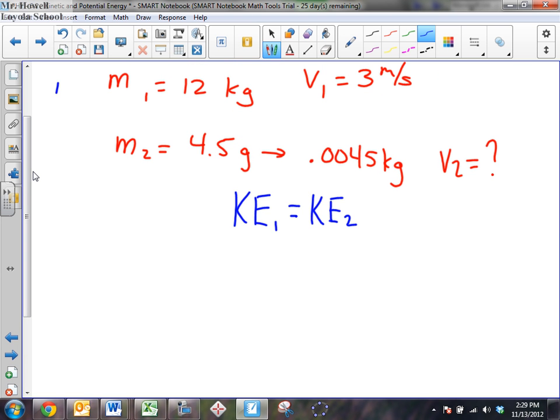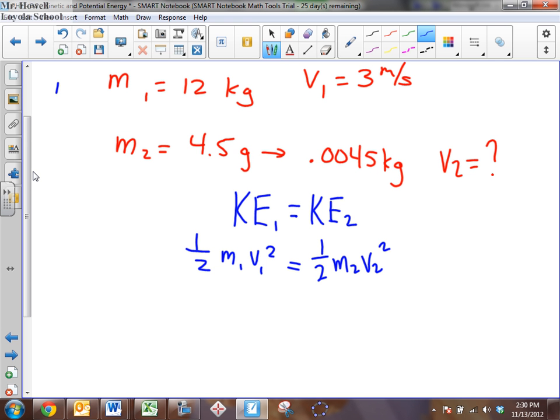We need to write our formulas. For the kinetic energy of the first object, it's again 1/2 mv squared. I'm going to use subscripts to indicate it's the first object. For the second object, it's also 1/2 mv squared, with subscripts of 2 for the second object. Again, the subscripts are only identifiers. They are not powers.